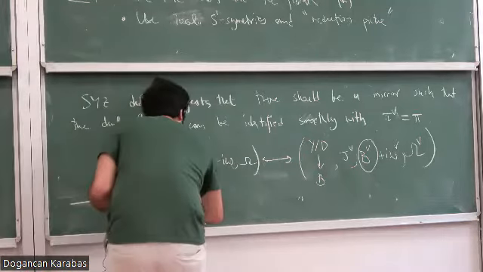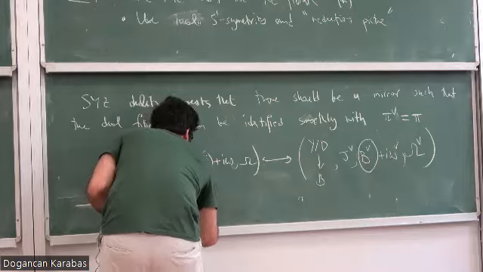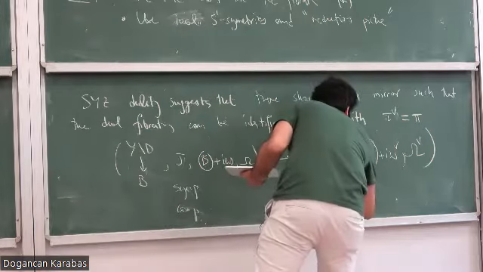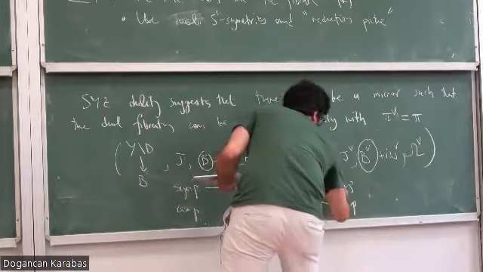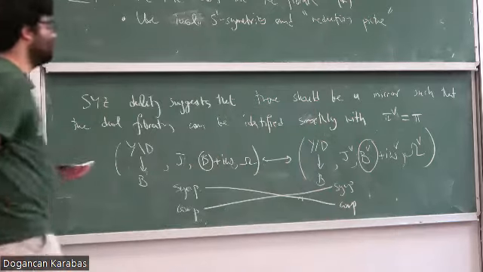So I have symplectic, complex, or holomorphic, and symplectic, complex, and these two sides should match with each other.